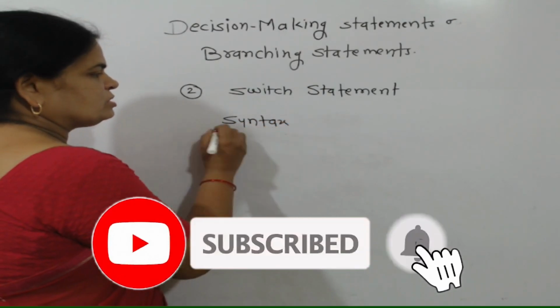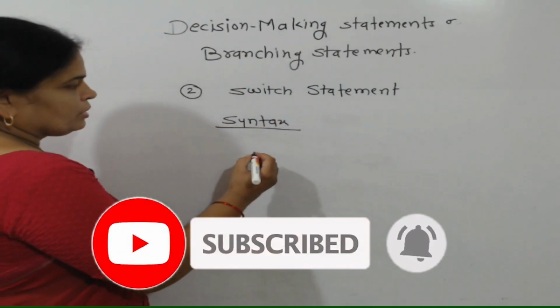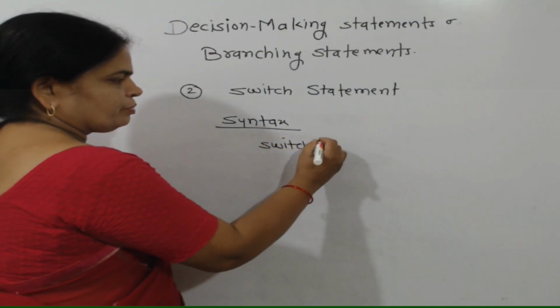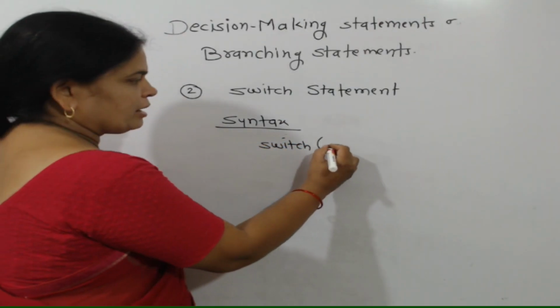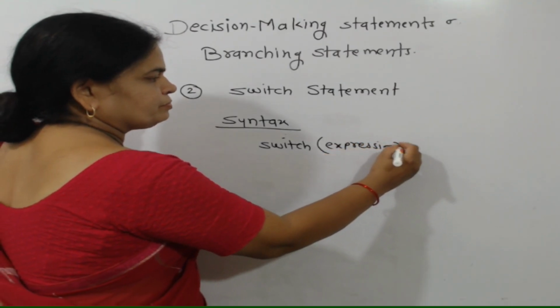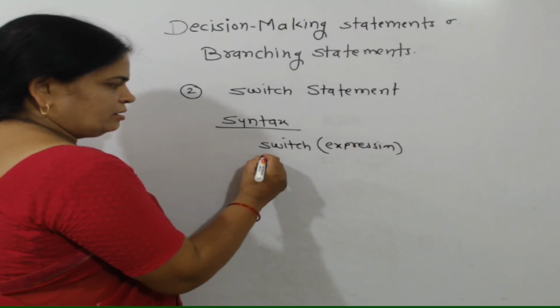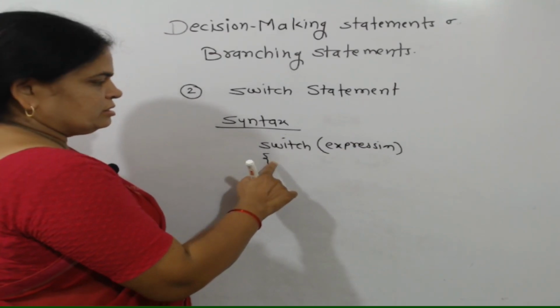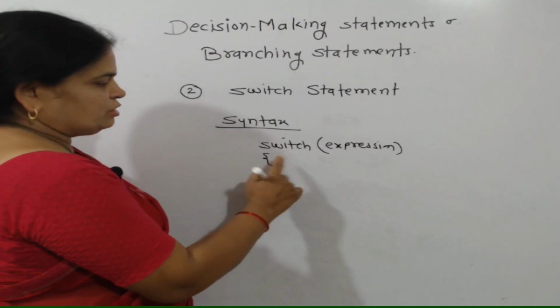This is the syntax of the switch statement. Firstly a keyword switch is there. After that, in brackets, there will be the expression. Then there will be an opening brace, which indicates the start of the switch statement.